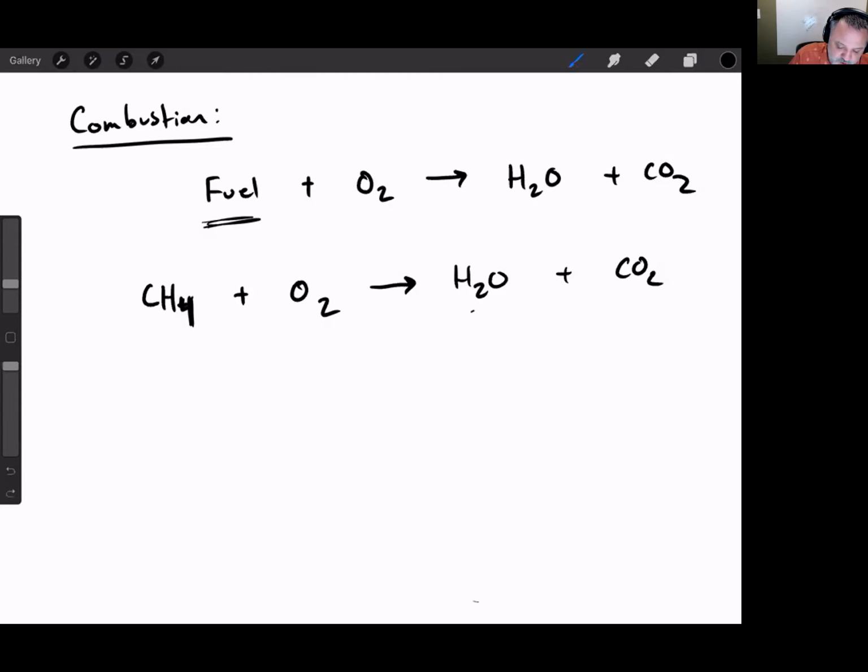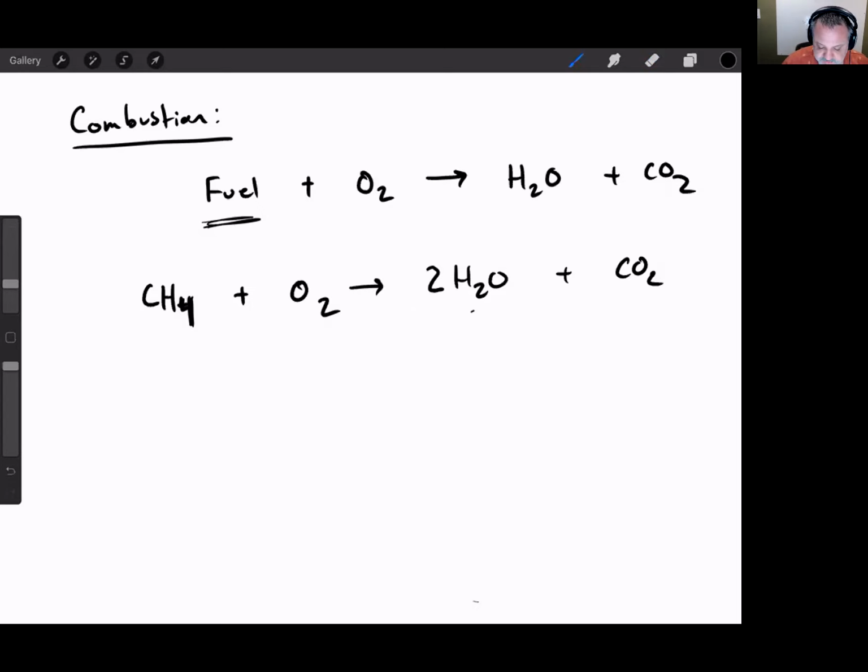So I have 4 on the left and 2 on the right, so adding the stoichiometric coefficient of 2 at that location will balance the hydrogens. So I have 4 with CH4, and now I have 2 waters, and so that brings the total hydrogens to 4. Now let's count oxygens.